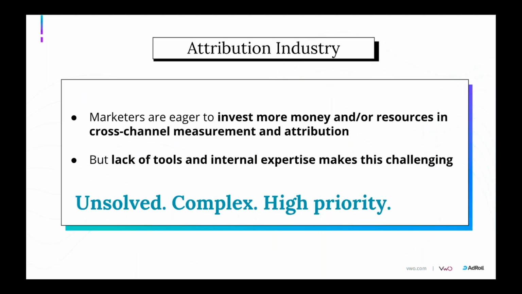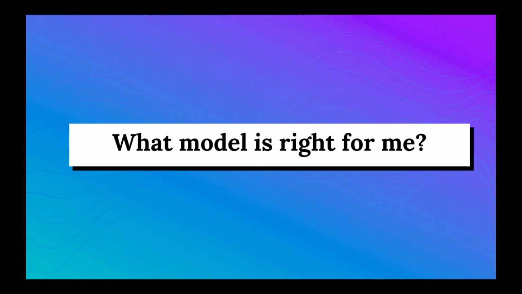So just really hitting this home, marketers are eager to invest more money and or resources, but feel that they lack the tools and internal expertise. So with that in mind, what model would be right for your business, or would be right for your specific campaigns that you're running online?